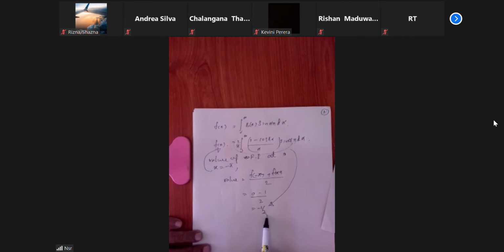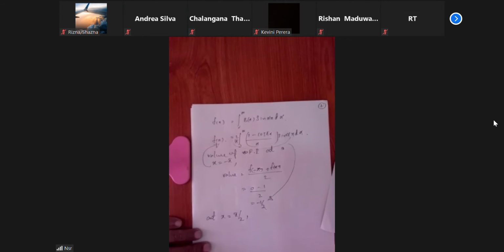But if you want to find the convergence of this integral at x equal pi over 2, what will be the value? What is the definition we learned for that?